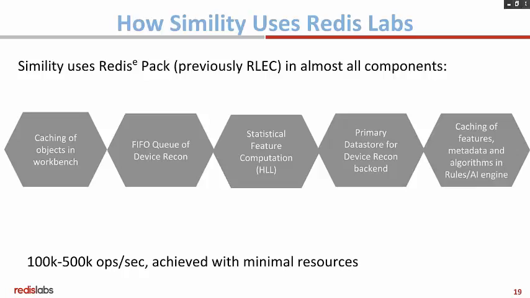This is in our SaaS setup. In our on-prem and VPC setups, we go much higher, like 1 million operations per second and so on, again not using very high capacity machines.